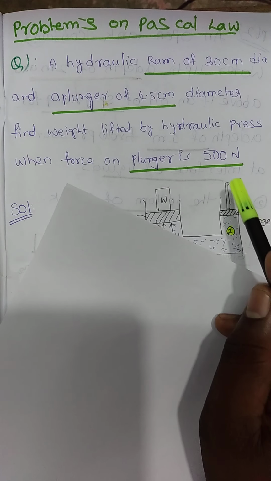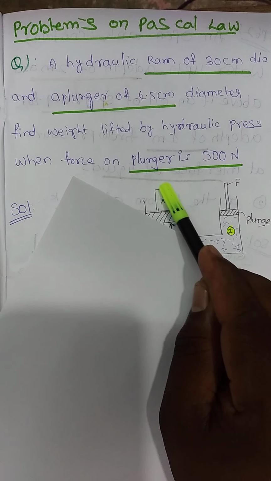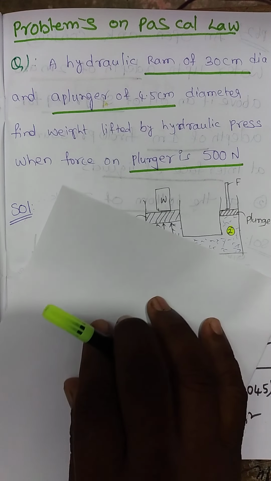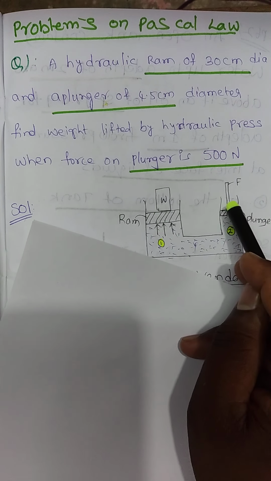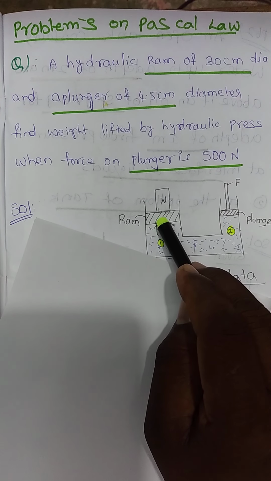He is saying very clearly that the force applied on the plunger is 500 and he is asking what weight it is lifting. Okay, the question is clear. And he has given the diameter of the plunger as well as the diameter of the ram.